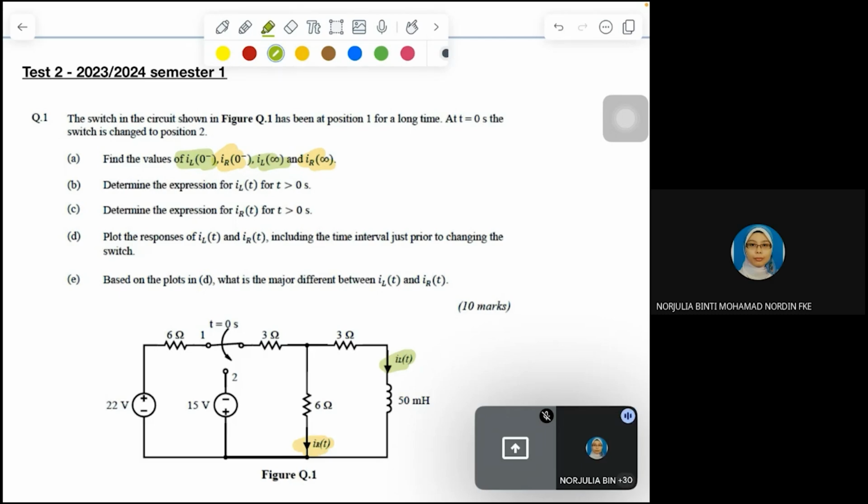Okay, and then after that, you need to come out with the transient expression, the complete expression of your IL, and also the complete expression of your IR.